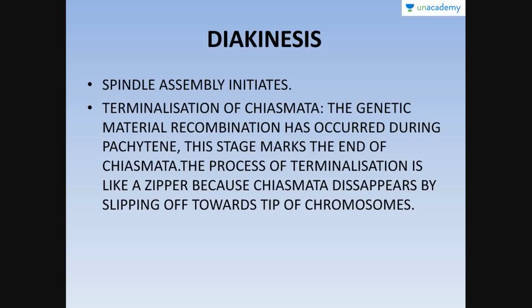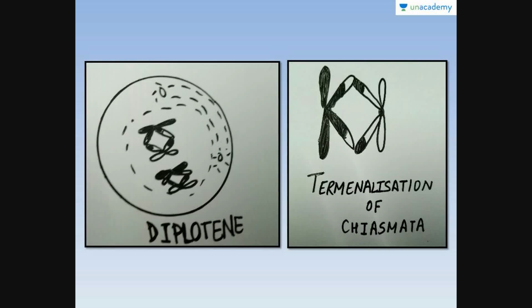So the main thing is terminalization of chiasmata that occurs through diakinesis, and this process is a zipper process. Just as a zip opens, imagine a zip opening. In a similar way, first it was stuck over here, then here, and finally the two separate from each other.